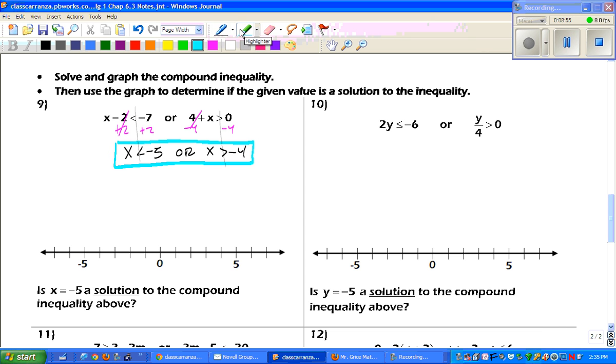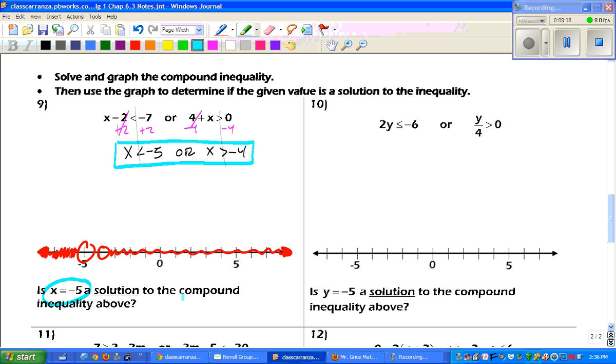So now, let's graph them. Open circle at negative 5. I'm shading to the left. Open circle at negative 4, and we're shading to the right. Now the question it's talking about is down here at the bottom.